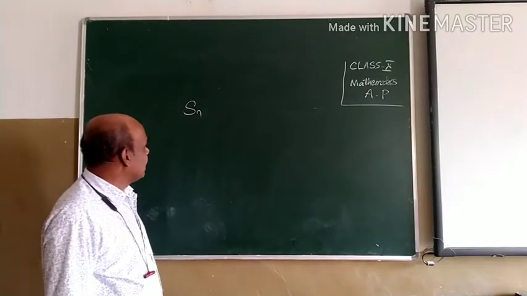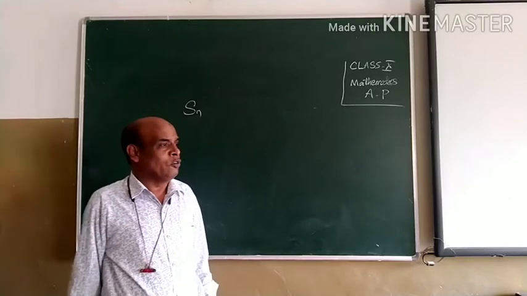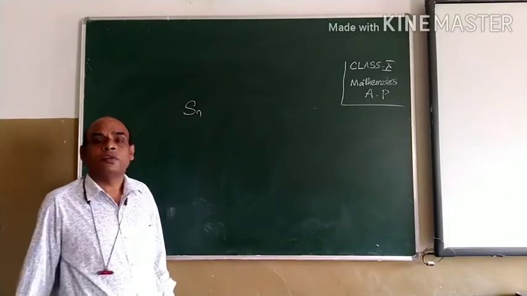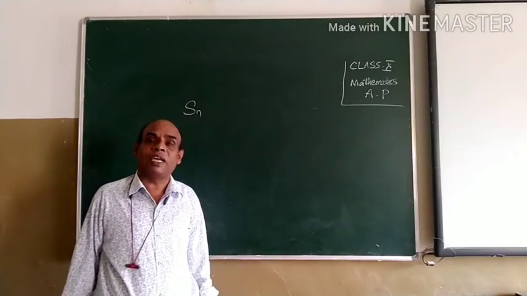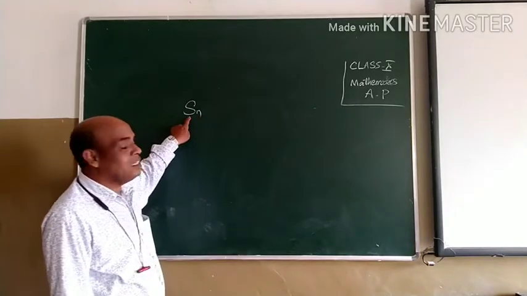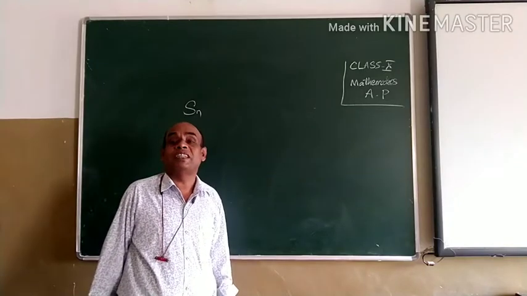That is called Sn. Sn is given to you, and you have to find the value of term n. It means what is the nth term value you have to find out. If the sum of n terms is given, how do we find the nth term?